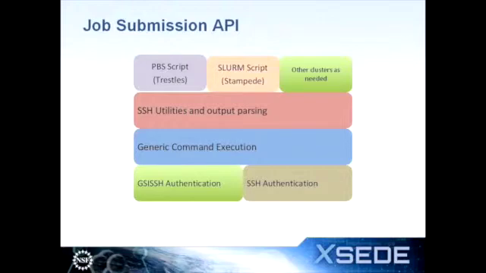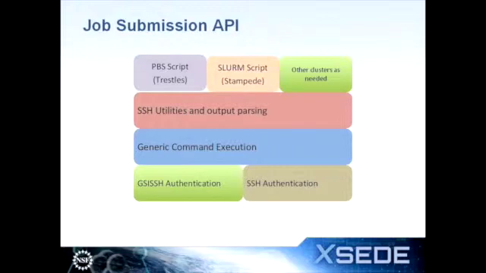With GSI-SSH, you can use MyProxy credentials with certificate paths and so on. On top of this authentication layer, we came up with a generic way to execute commands on a remote machine. Once you authenticate, you can say, I want to run this particular command, and I want to pass the output of this command. So it basically consists of two components.